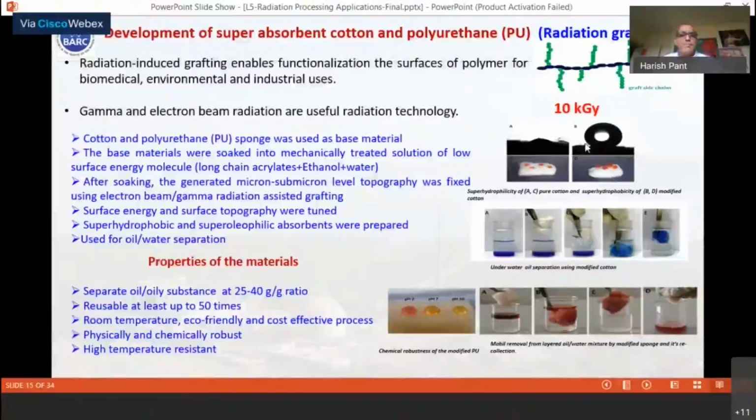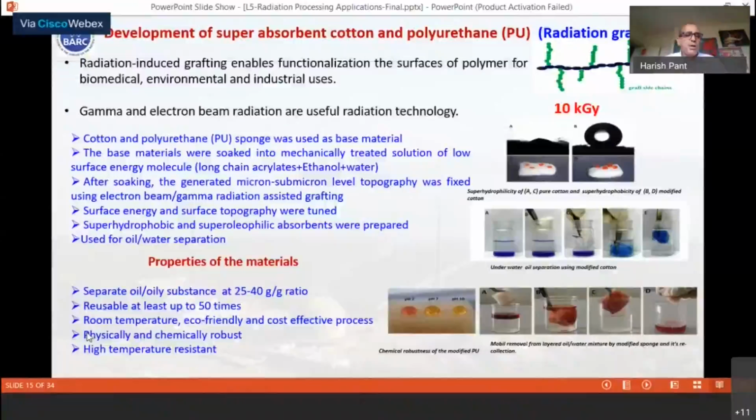We have developed these two products, the super absorbent cotton as well as the super absorbent PU sponge, using the radiation technology. And these two technologies we have recently transferred to two different private companies for bulk production of this material. These two materials can be used for separating oil or oily substances.